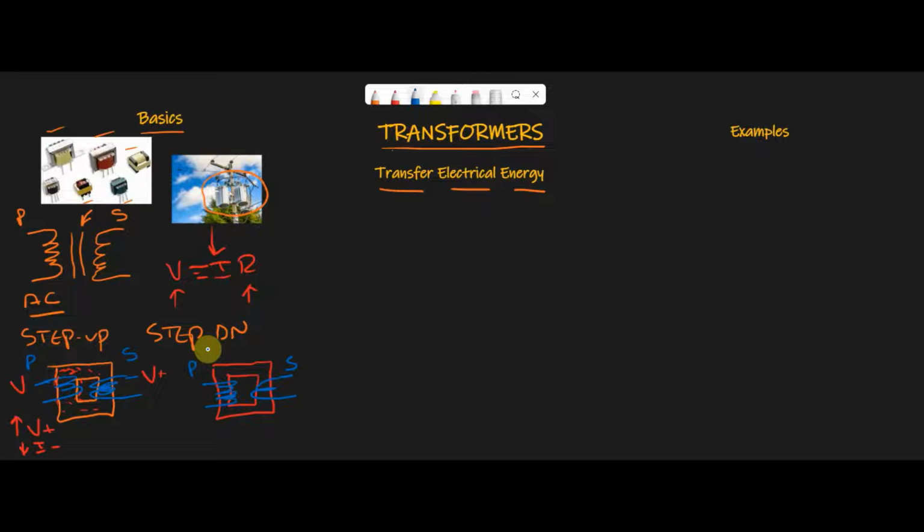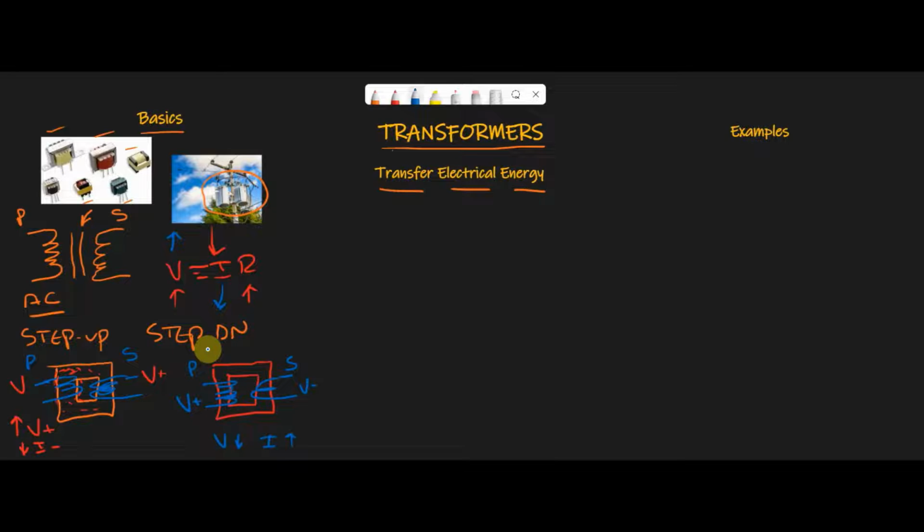And in this case, when the voltage decreases, because this is a step down, we're going from a voltage here that's a little bit higher to a voltage that's a little bit smaller. But when our voltage decreases, our current's going to increase. And again, if we look up here, if this increases, this has to decrease.